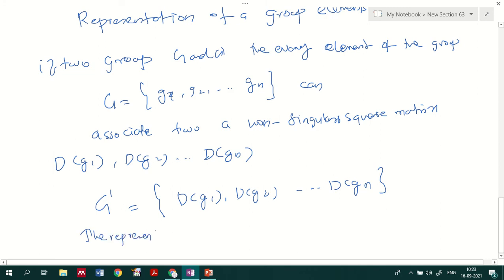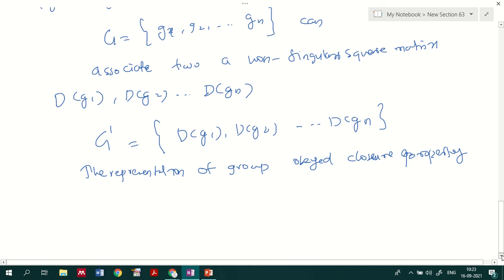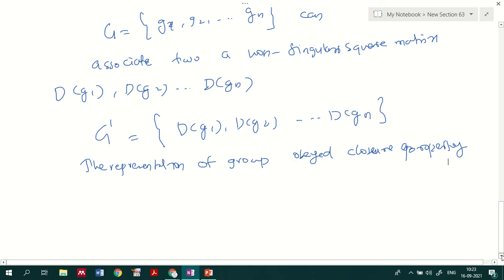The group obeys the closure property because all the elements will also be in the same group as well. So it is a representation of any group element in terms of a matrix representation.